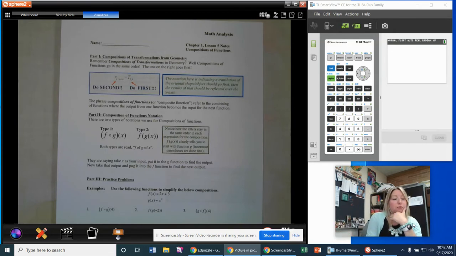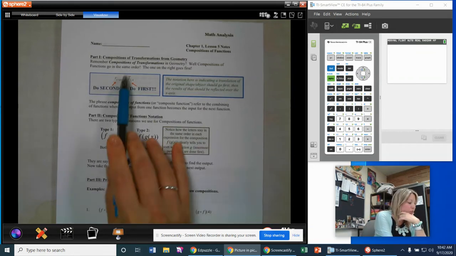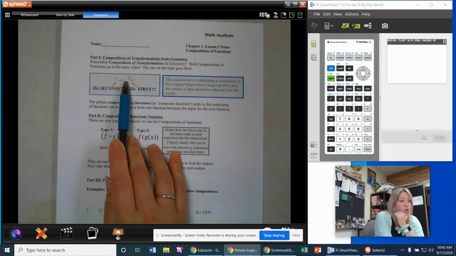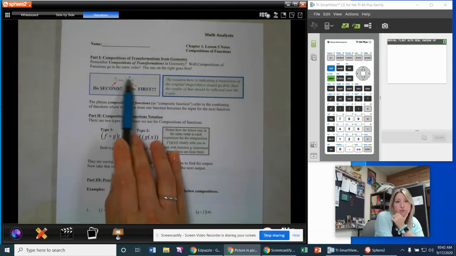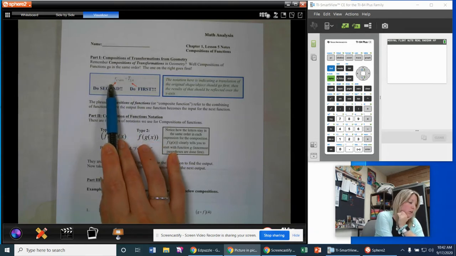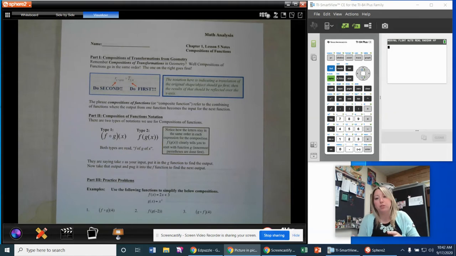When we were looking at those in geometry, this circle notation meant to do this side first, then this side. Those were your compositions of transformations in geometry.